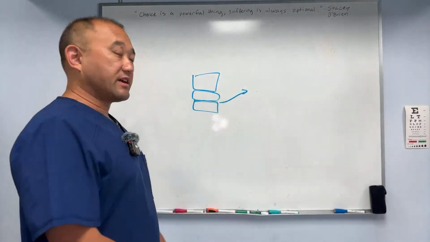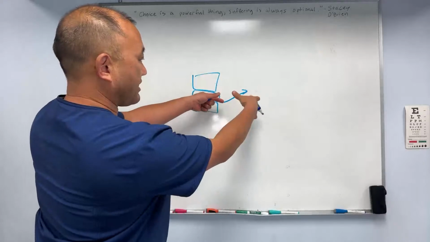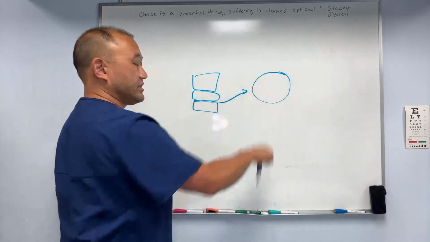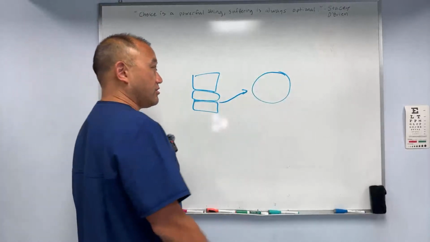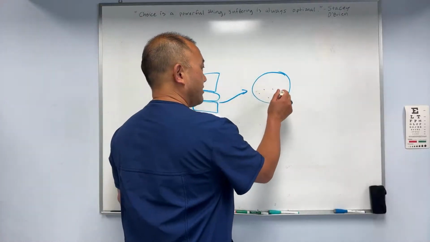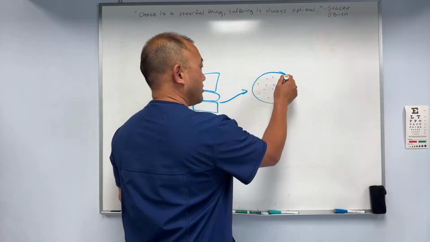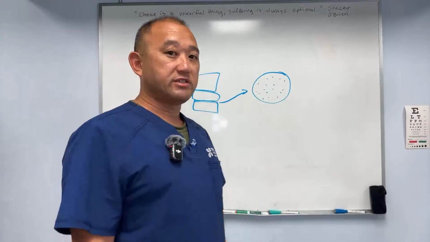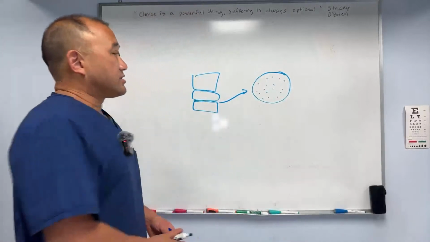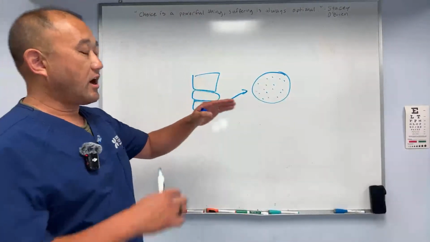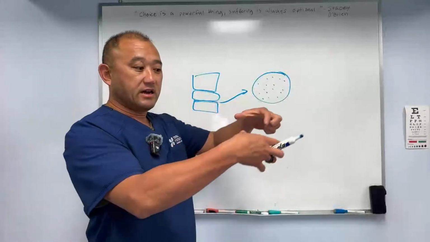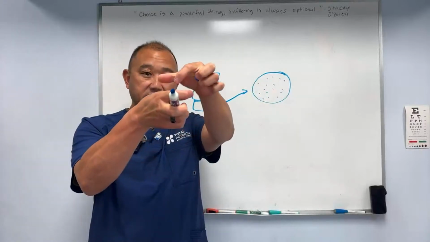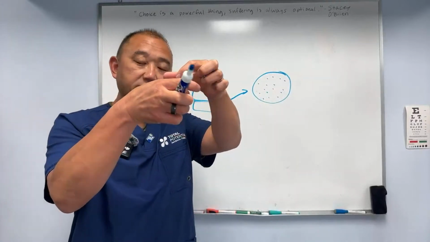So we're going to look at the details of the end plate. If we take the spine and turn it like this, we will be looking at the vertebral body, which is relatively a circle, and it has all these holes. These holes allow the passage of protein and water. When there's off-axis motion, meaning when we rotate, the spine doesn't spin on the point of axis. Instead, it's a little bit off, and it creates an arcing motion.